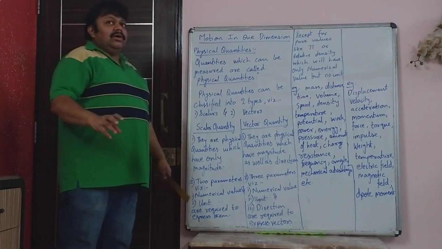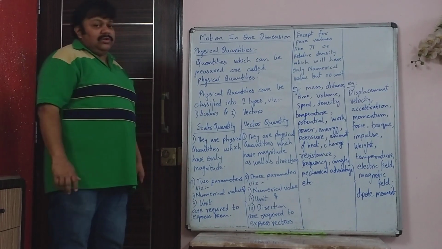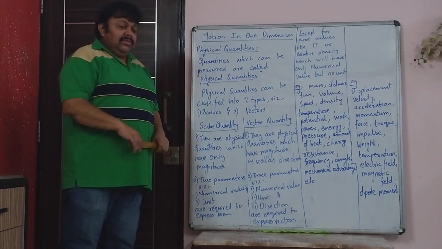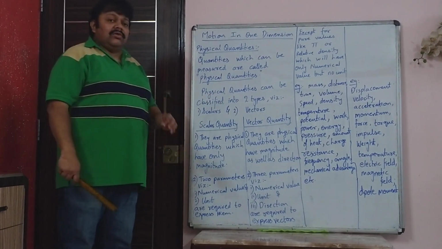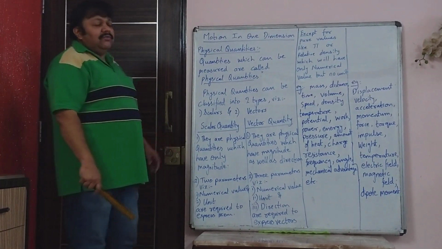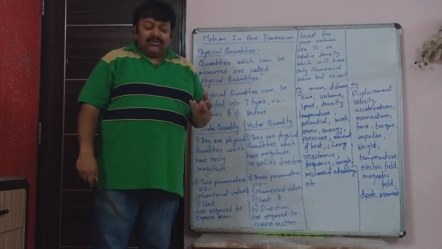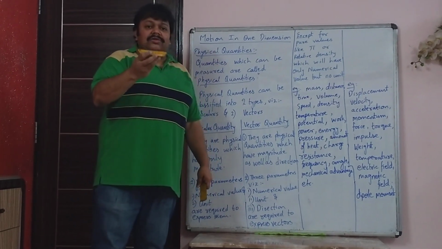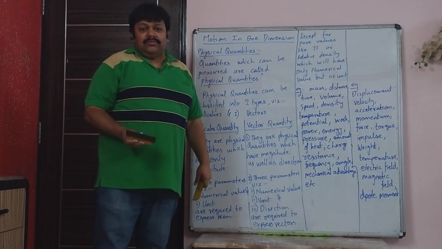But now physical quantities can be classified into two different types. One is scalar quantities or scalars, and second is vector quantities or vectors. So what is the difference between a scalar and a vector quantity? When you take mass, let's say the mass of this duster, it is 50 gram.